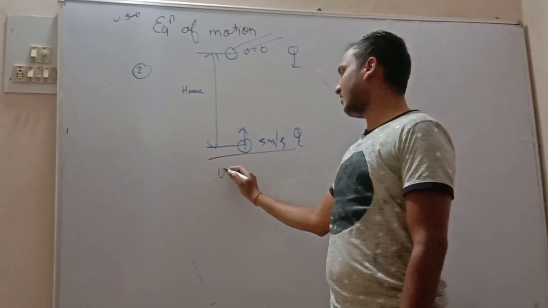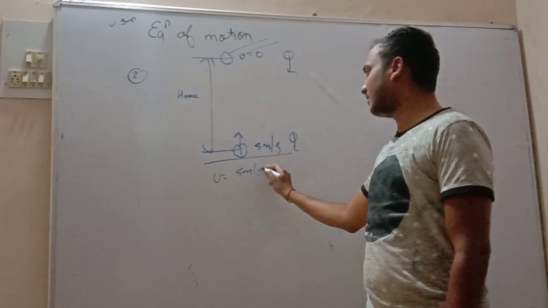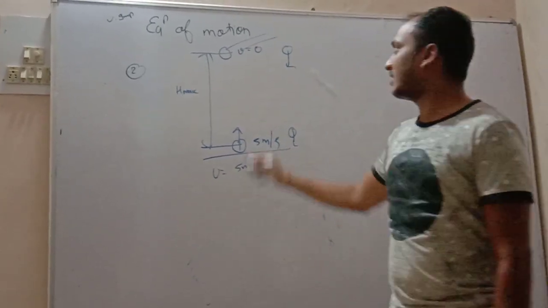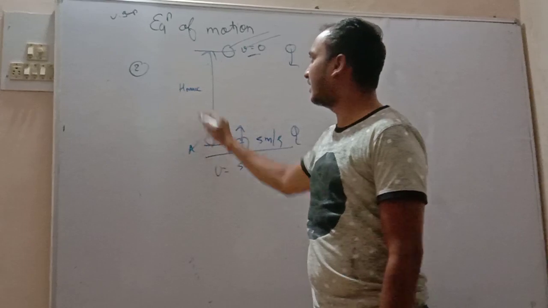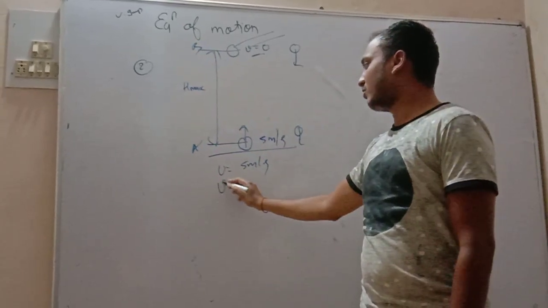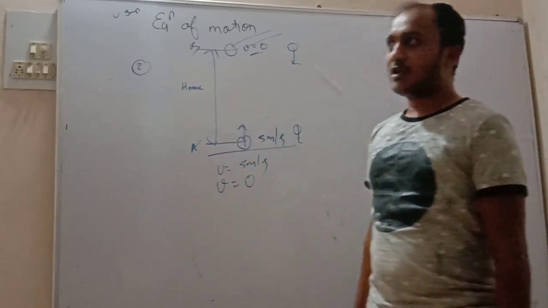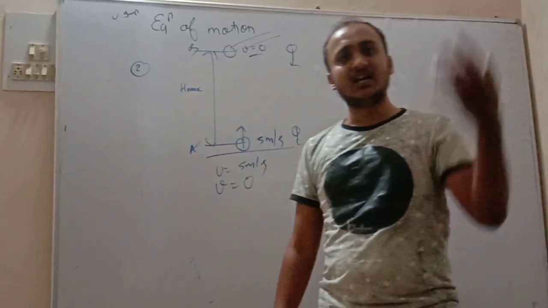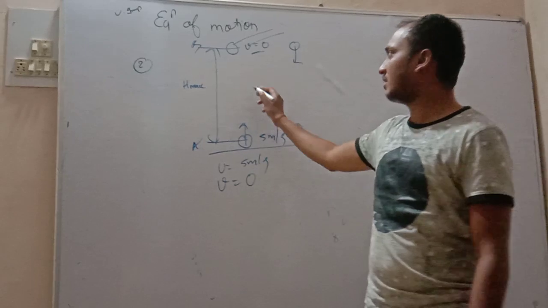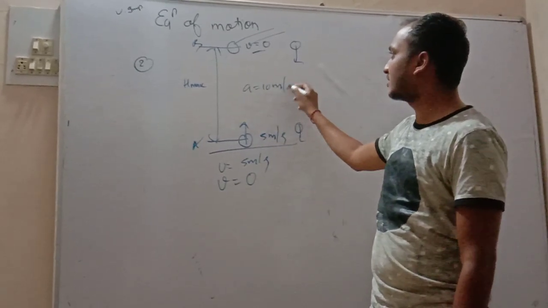So friends, what is given? Initial speed is given as 5 meters per second. Let this be point A and this be B. The final velocity given is 0. And friends, when a body is thrown vertically upward, you have to remember the value of A is always 10 meters per second square.